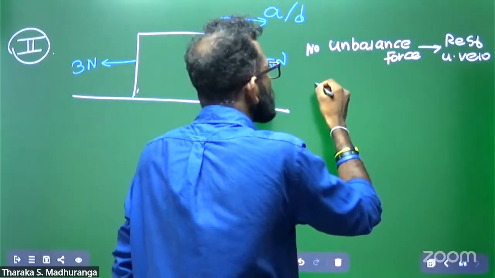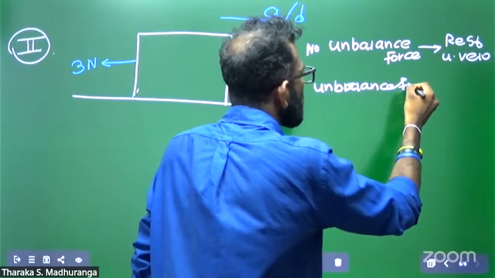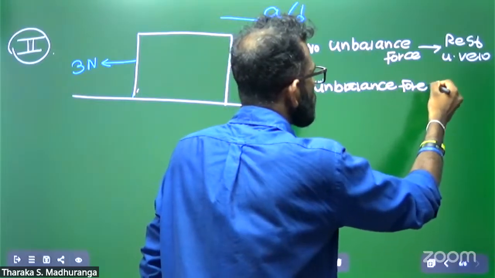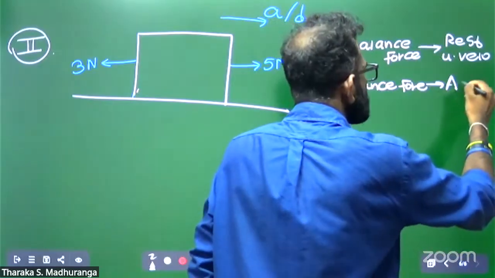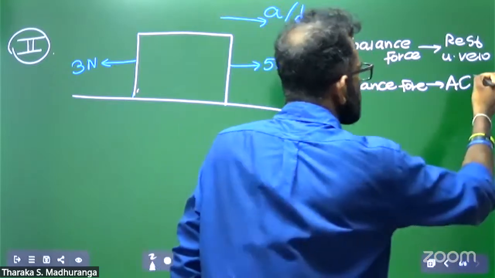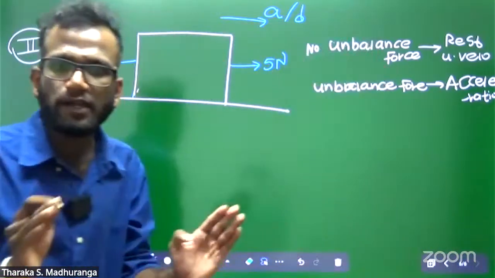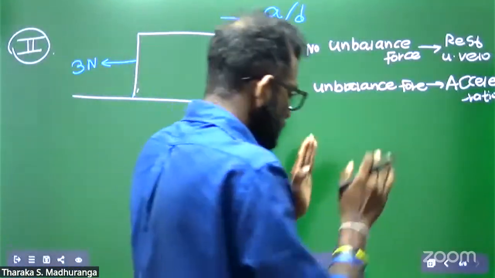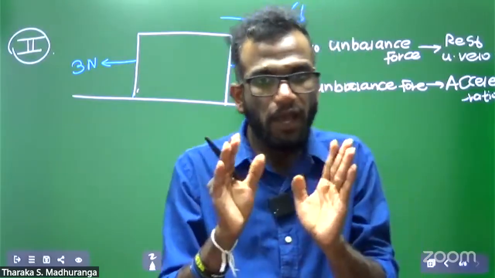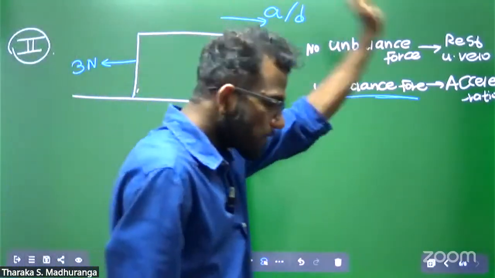If there is any unbalanced force, the object is exactly accelerating. That's the summary you need to remember. If there is no unbalanced force, this is the first law: rest or uniform velocity. If there is an unbalanced force acting, it is exactly accelerating.